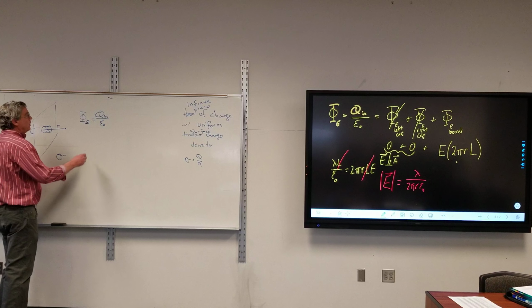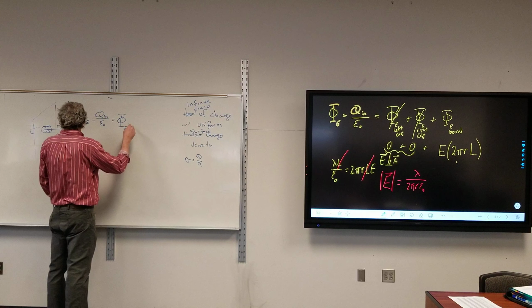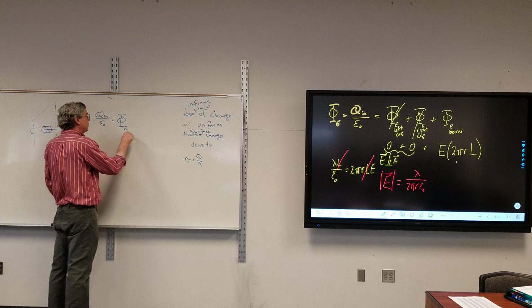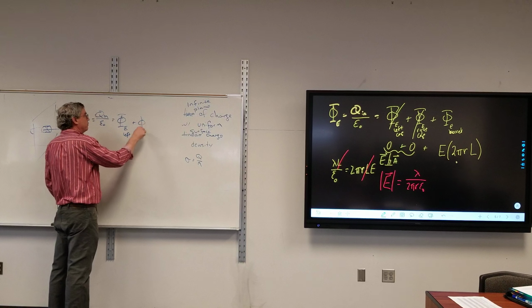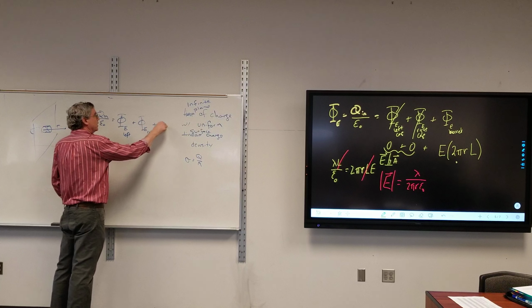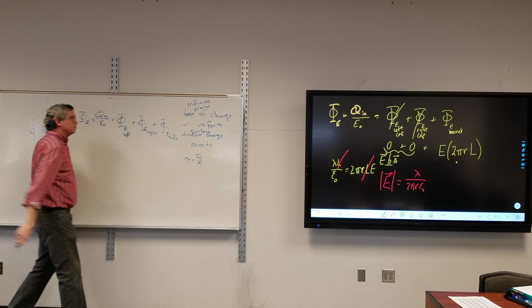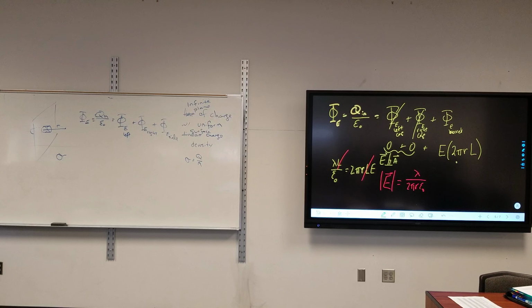Well, that is going to be equal to the electric flux through the left cap plus the electric flux through the right cap plus the electric flux through the side. Again, by symmetry, I know my electric field is going to be going off to the right and to the left.